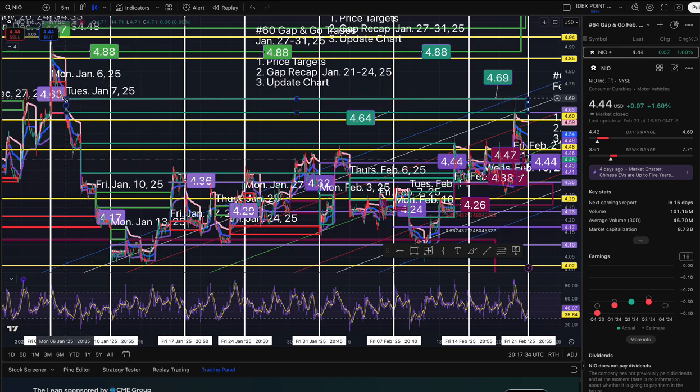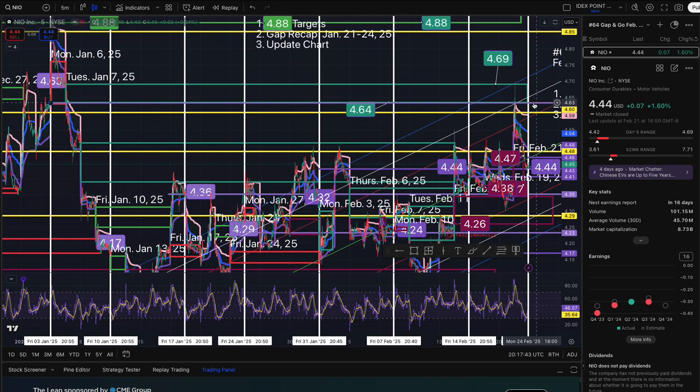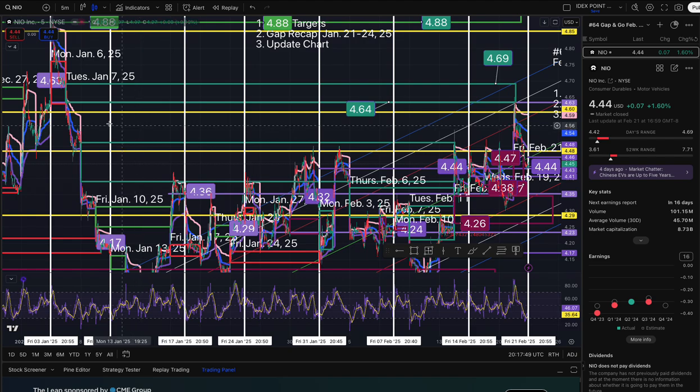2025. And look at this, we fell down and then we closed that gap. That was again predicted, and that is no longer in play. I need to clean this up. So there was a gap down, and then that's why we filled it to the upside.